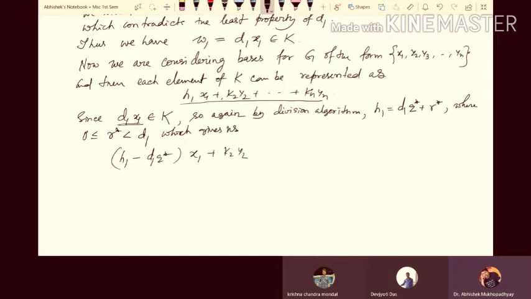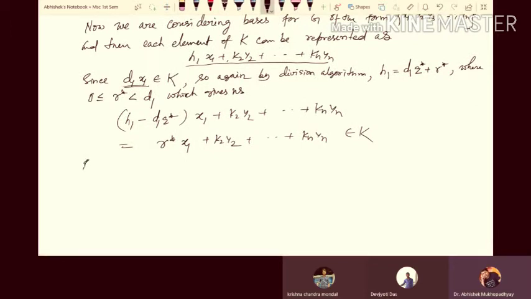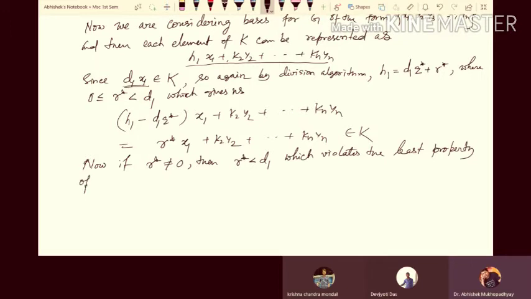we have r star x1 plus k2 y2 up to kn yn, and still it is in K. Now see that if r star is non-zero, then r star less than d1, which violates again the least property of d1, right?